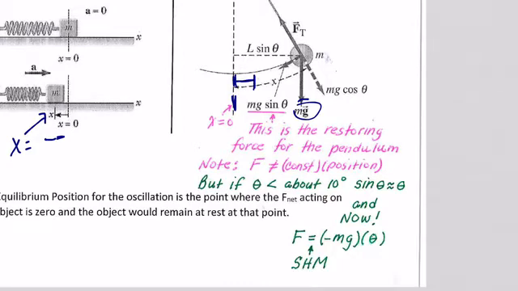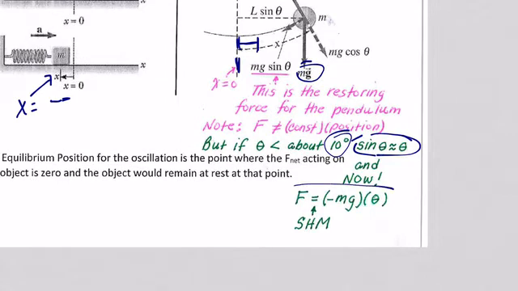In fact, sine theta doesn't just approximate theta when theta equals 0. When theta equals 0, sine of 0 is 0, so we have a perfect situation. So if we go off of 0 from 1, 2, 3, up to about 10 degrees, we get a very good approximation, have that the force pulling that pendulum back to 0 is given by negative mg sine theta, where the mg plays the same role as that spring constant.